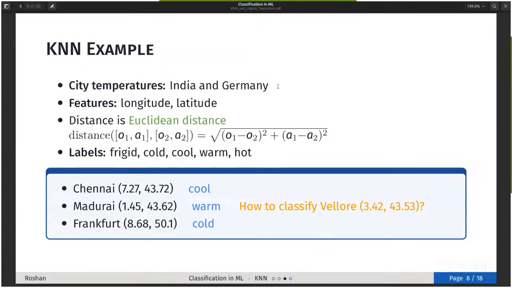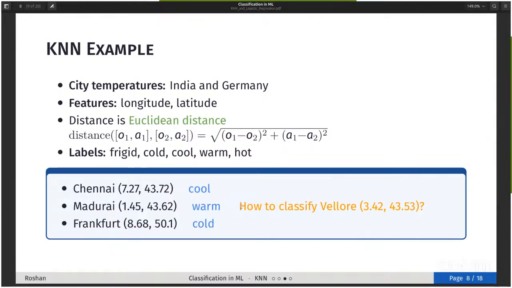Okay, there is a very simple numerical example. You have city temperatures of India and Germany. Okay, the features are longitude and latitude. You need to calculate the distance. Okay, these are some labels: cool, warm, and cold.